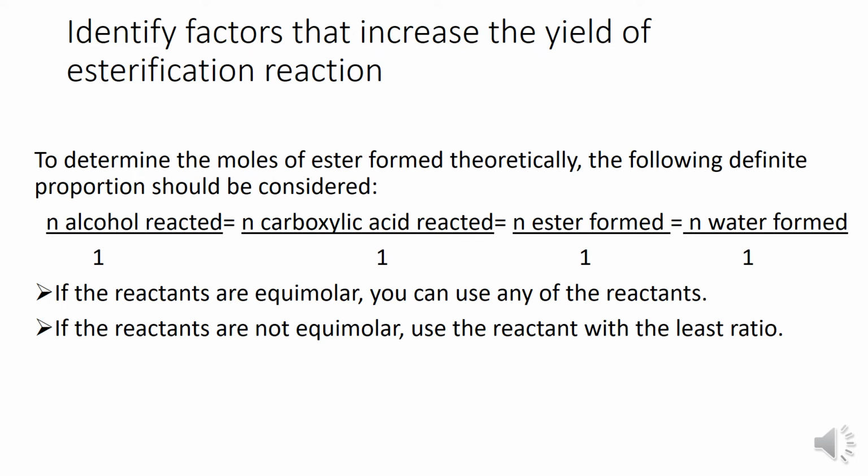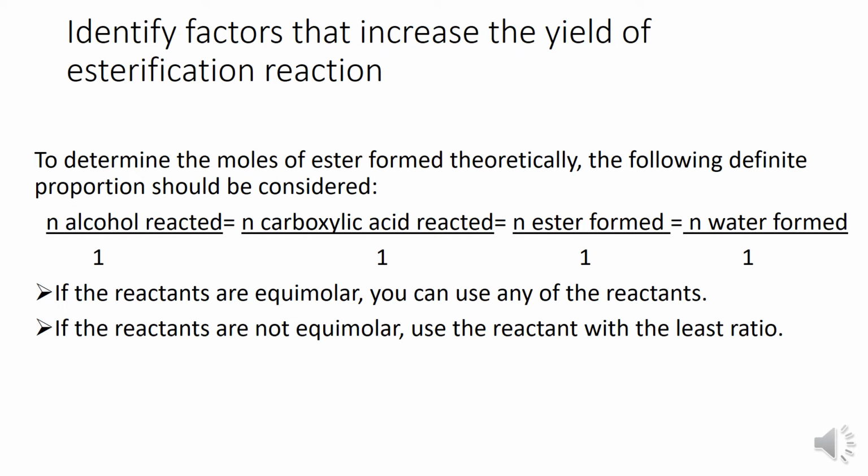Let's take an example here, but before let's see how to determine the moles of ester formed theoretically. The following definite proportion should be considered. N of alcohol reacted over 1 is equal to N of carboxylic acid reacted over 1 equal to N of ester formed over 1 equal to N of water formed over 1, because water is one of the products.